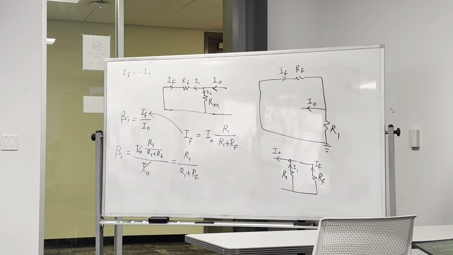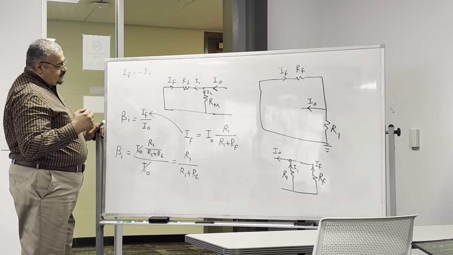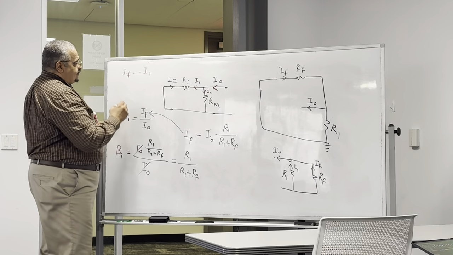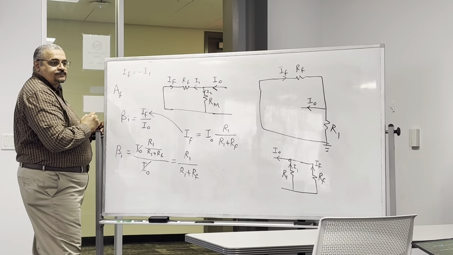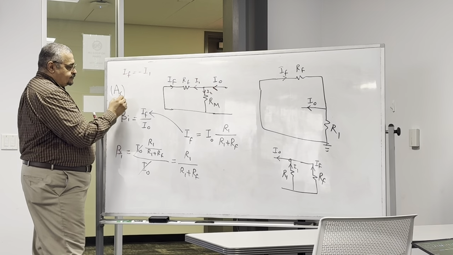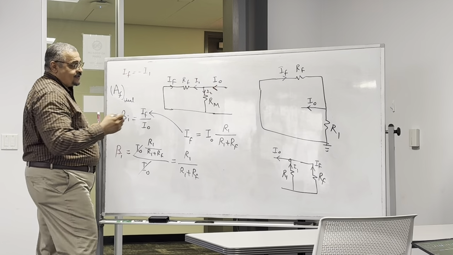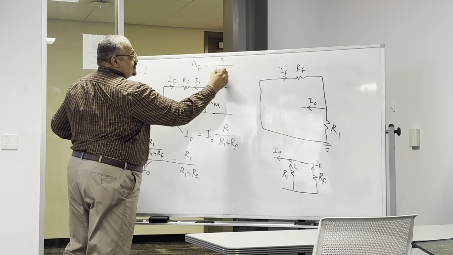Okay. Why do we need to find beta? For two reasons. The first reason is we know the ideal value of the feedback gain. Remember the feedback gain is the feed forward divided by 1 plus A times beta, right?